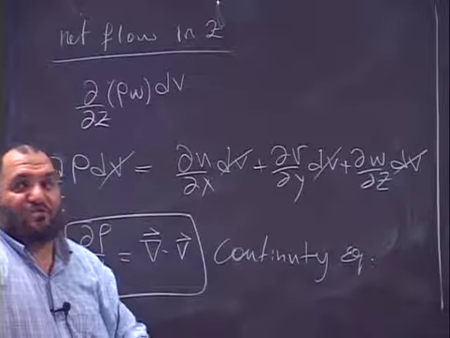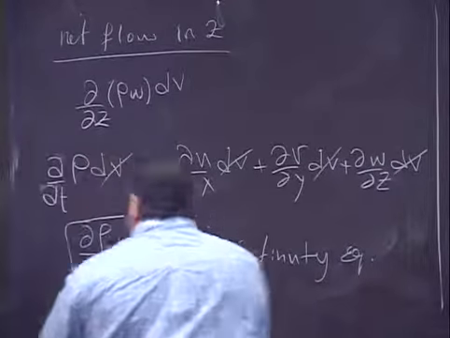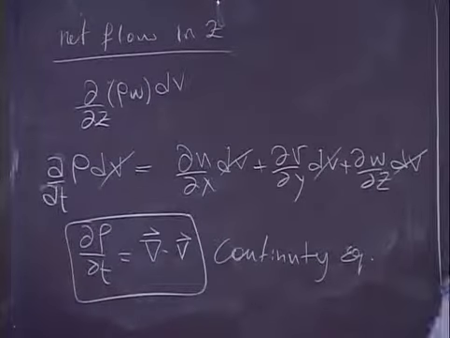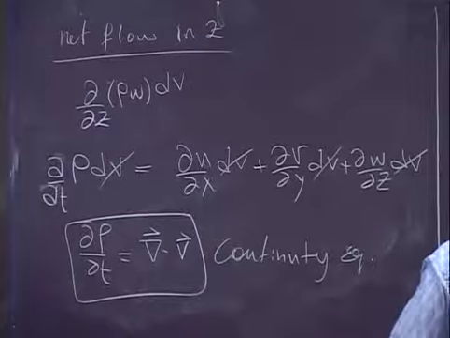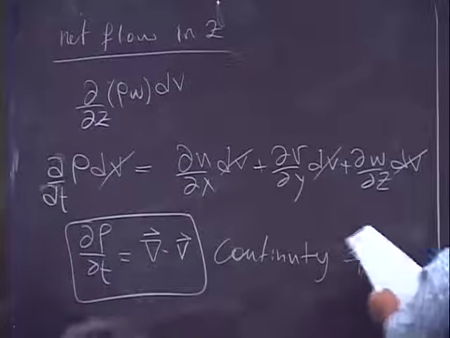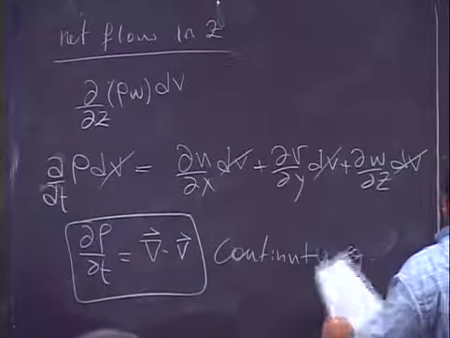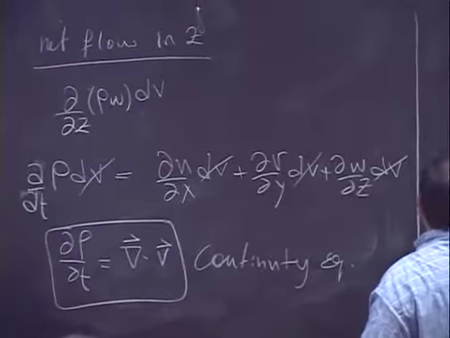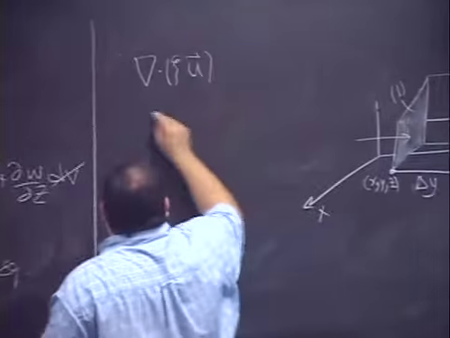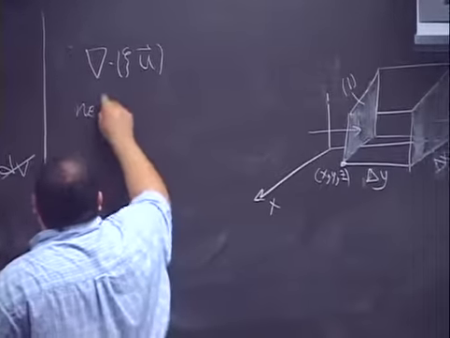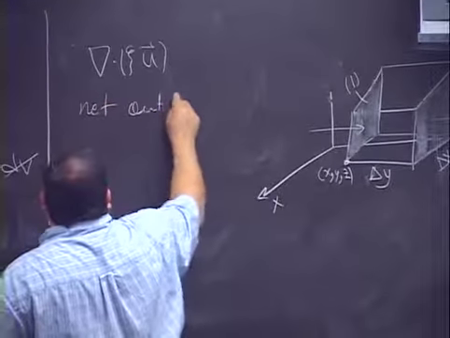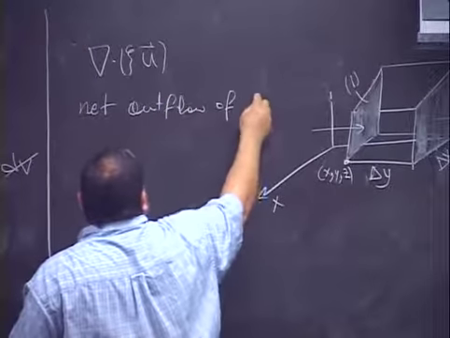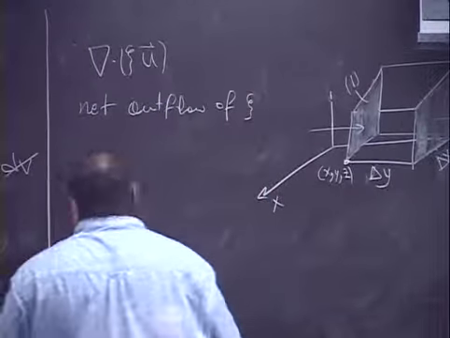So whenever you have any quantity inside a volume, and you say that I have a divergence of xz u, this means that this is the net outflow of the quantity z.